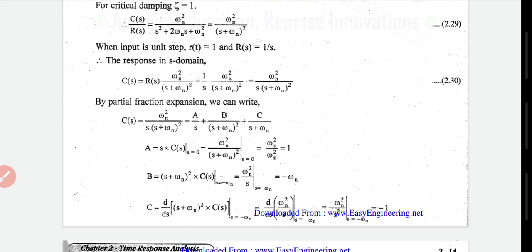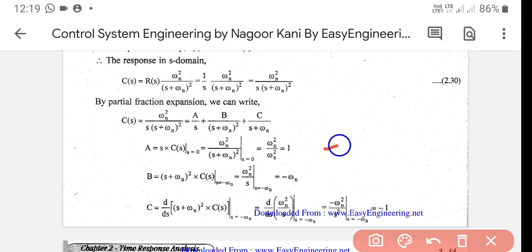You know the method of calculating the repeated poles. A and B are directly calculated, but for C, the third residue, you have to do the differentiation of the second residue expression. What is the A value now? A is equal to C(s) into s, letting s equal to 0. You will obtain the value as 1.